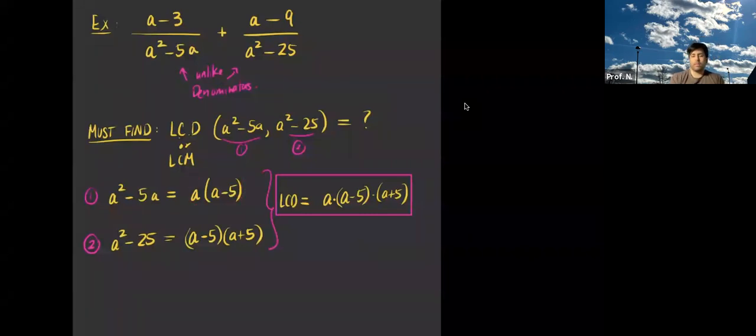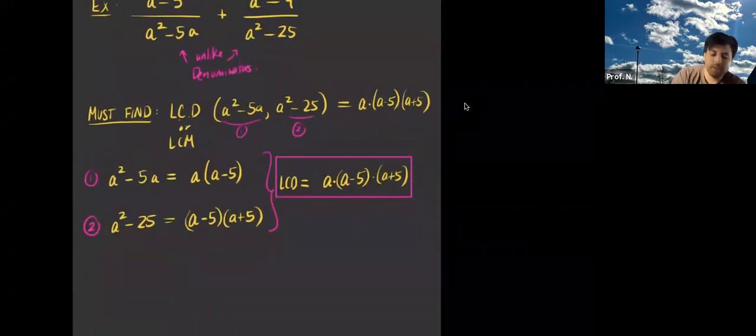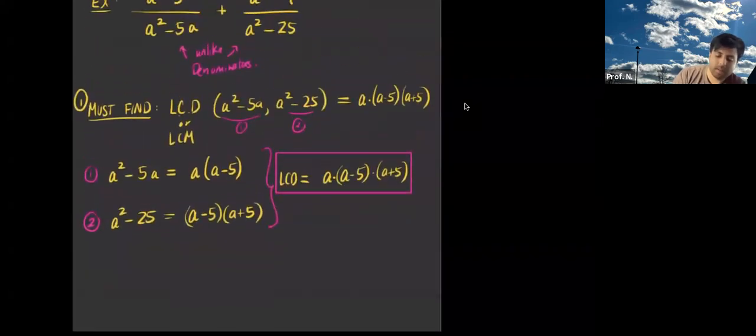That's it. So the LCD here would be a multiplied by a minus 5 multiplied by a plus 5. That's my LCD, guys. So I found my LCD. That's step number 1.